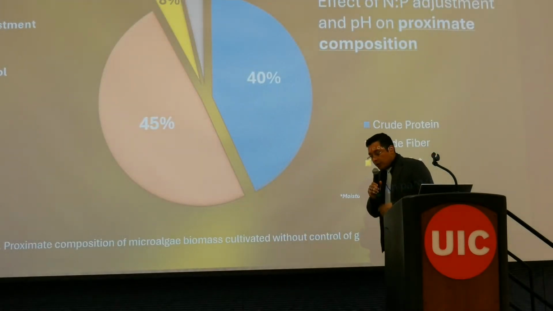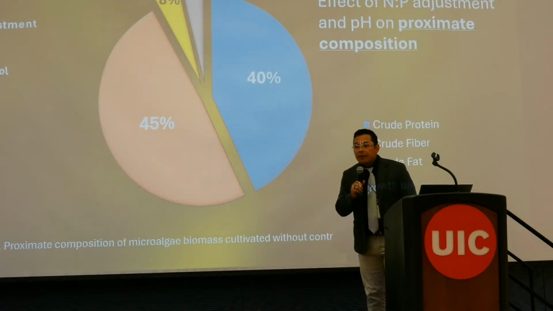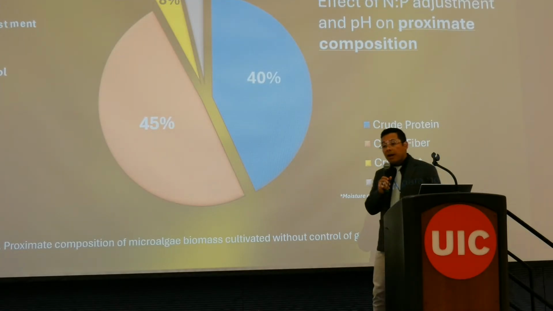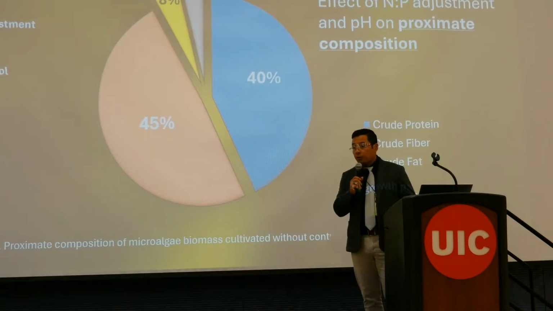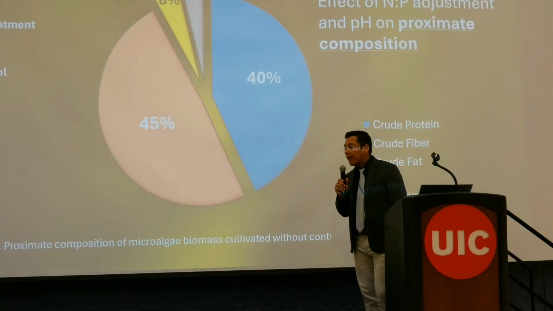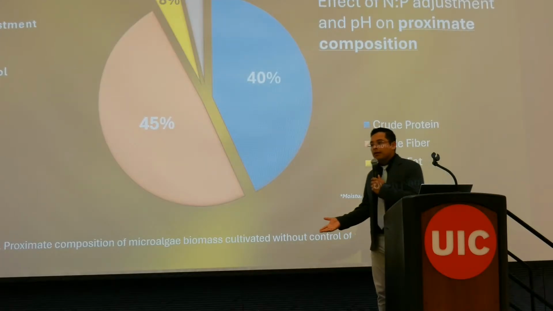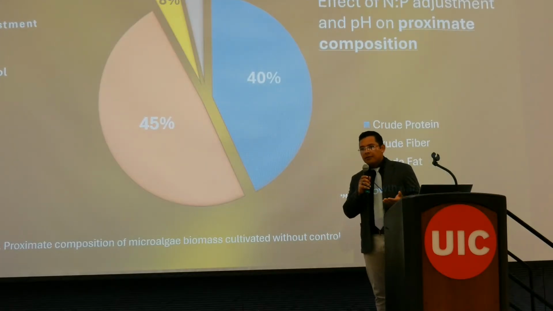Now, talking about the quality of the biomass, here I'm presenting you the approximate composition of the biomass from the control group, in which we didn't do any optimization process. So you can see we got 40% protein and 45% fiber. You will say that 40% protein is good, right?